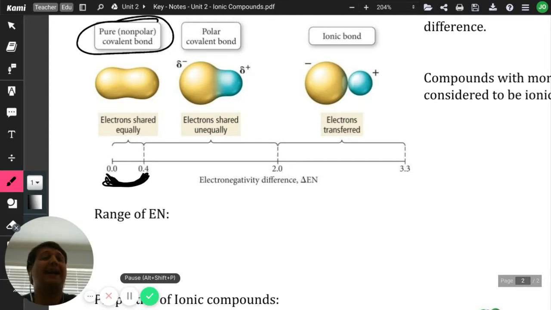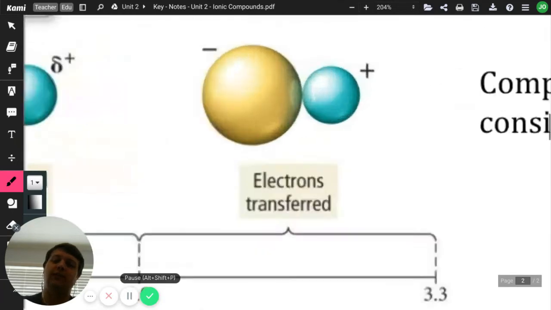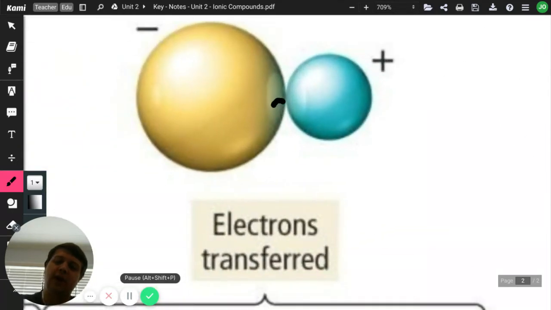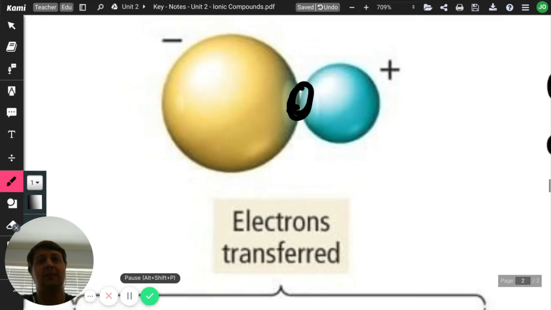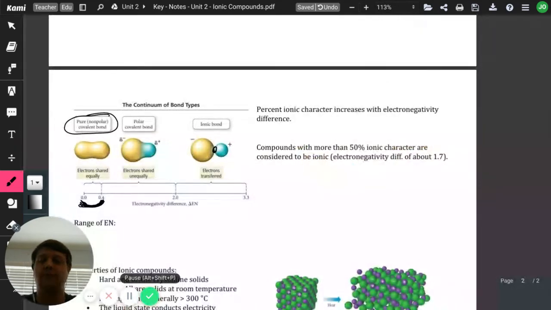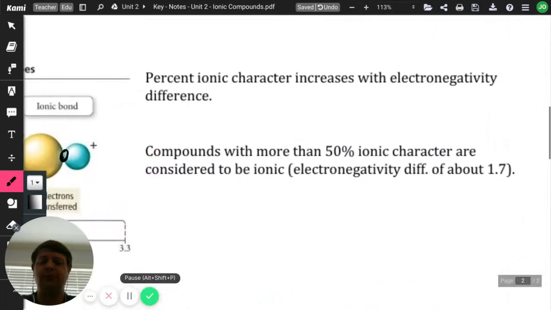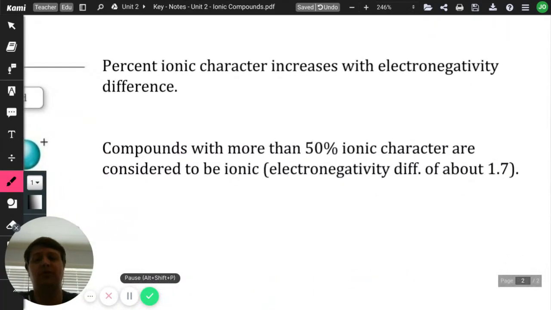And then if I'm talking about an ionic bond, that's when those electrons are going to be pulled much further to the other side, but you do still have that attraction there in the middle, where that electron is still pulled towards one side or the other, but it's not completely lost by that first atom that was holding it. Now, I was talking a little bit earlier about ionic character. Compounds with more than 50% ionic character, we consider them to be ionic.